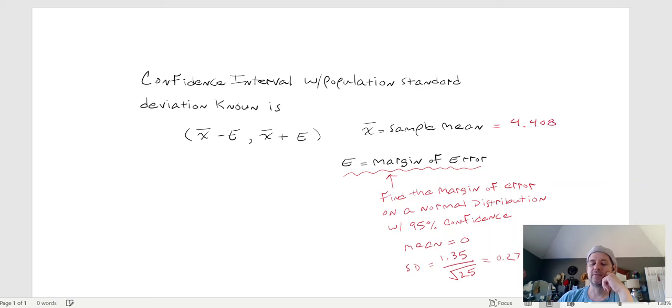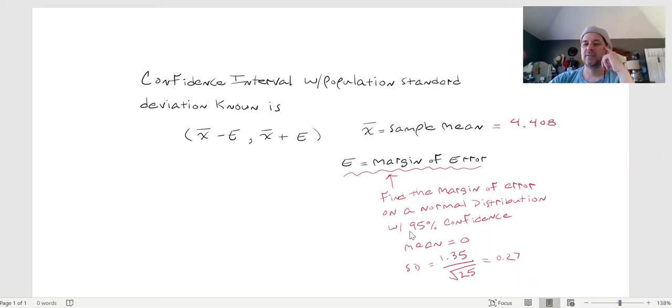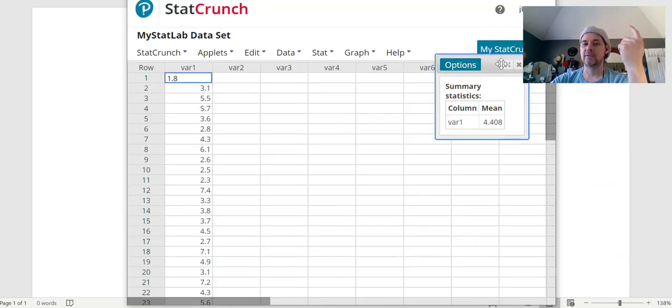4.408. Okay, so next let's find this number from this normal distribution, the margin of error. So the way I find that is I set it up to where it blocks in 95% of the area on a normal distribution with mean 0, standard deviation 0.27. So let's do that in StatCrunch.